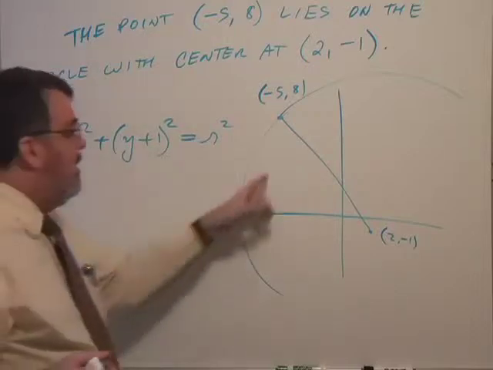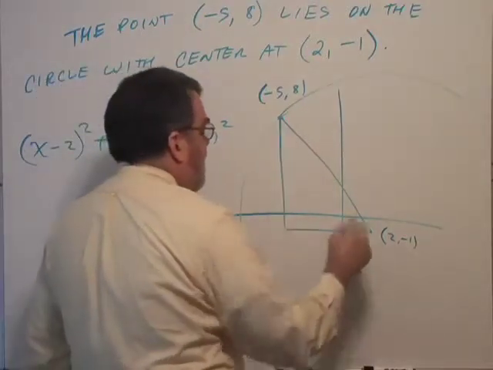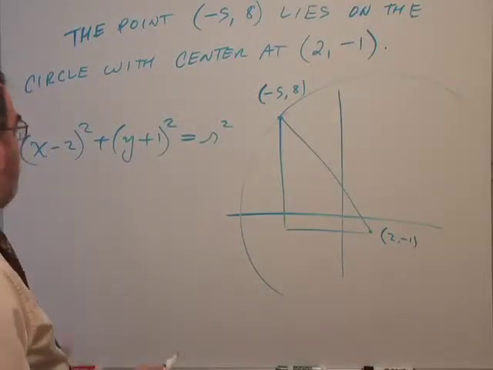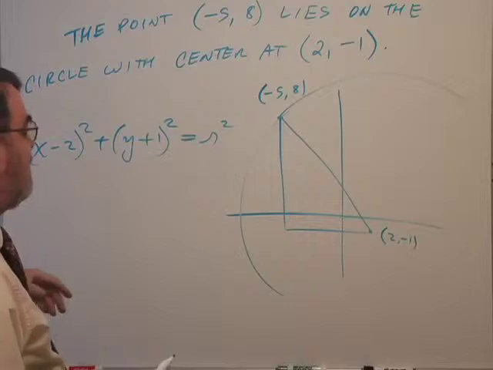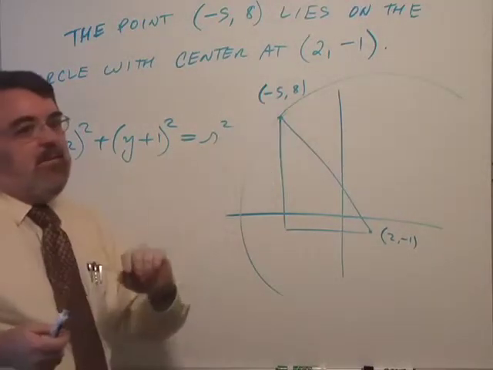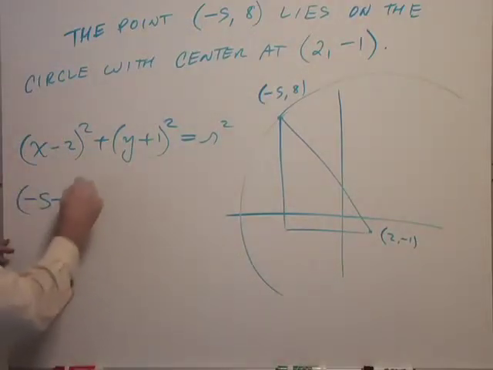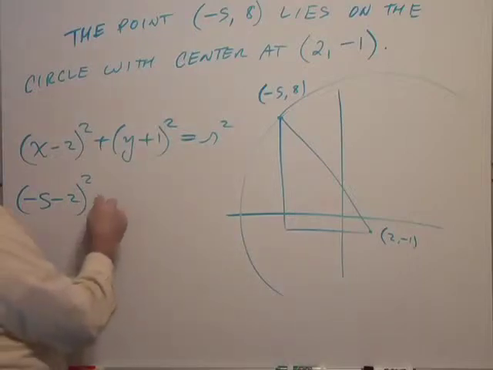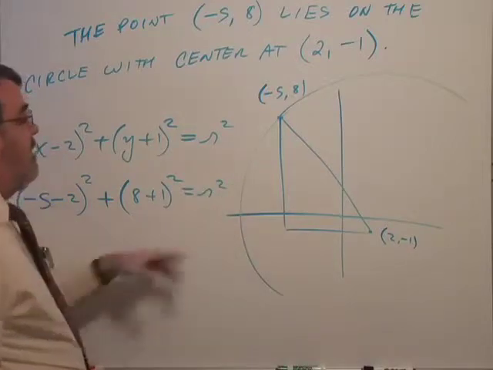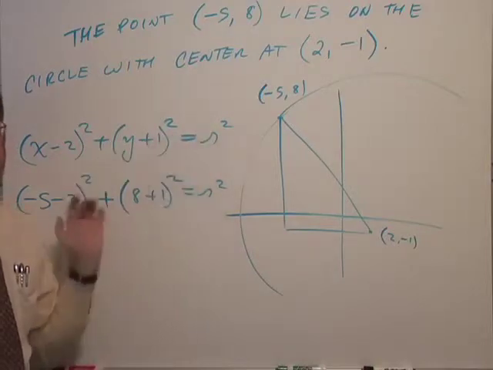Now, how do I find the radius? Well, I could use distance, form a right triangle, calculate distance, and take the square of the distance. Actually, that's sort of taken care of here, believe it or not. Because if I plug this coordinate point into my equation, I literally am working the Pythagorean theorem in disguise. This coordinate point, since it lies on the edge of the circle, has to satisfy the equation of the circle.